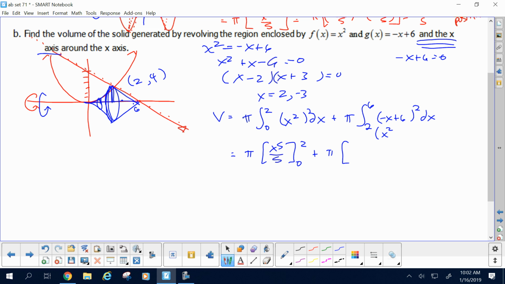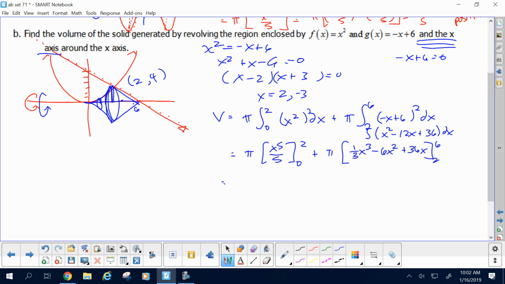Negative 12x plus 36. Okay. So what is that integrated? 1/3 x cubed minus 6x squared plus 36x from 2 to 6.